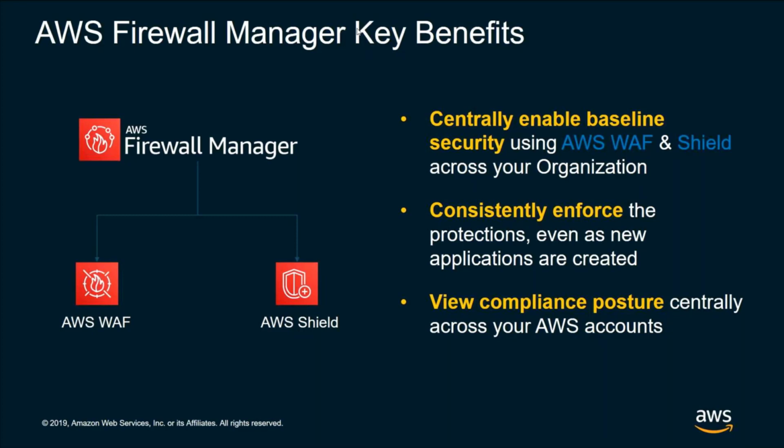Or you could say, across my organization, I need to have DDoS protection enabled for all my internet-facing applications. And so you could enable Shield DDoS protections across all your applications. And Firewall Manager will consistently enforce those, even as new applications are created, or even as new accounts are created, and so on.